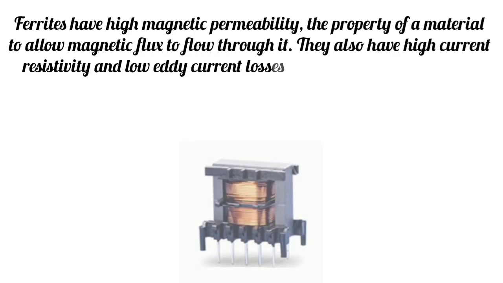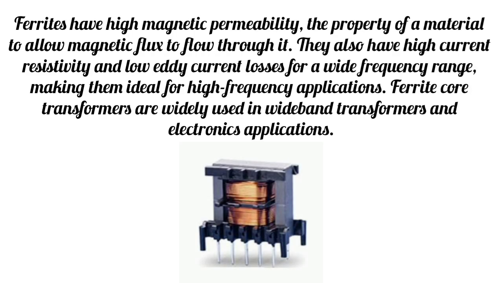Ferrites have high magnetic permeability, the property of a material to allow magnetic flux to flow through it. They also have high current resistivity and low eddy current losses for a wide frequency range, making them ideal for high-frequency applications. Ferrite core transformers are widely used in wideband transformers and electronics applications.